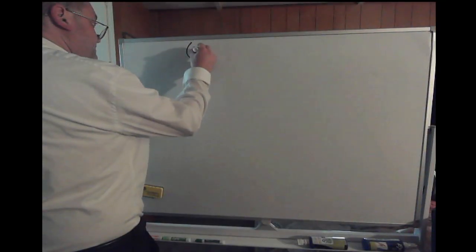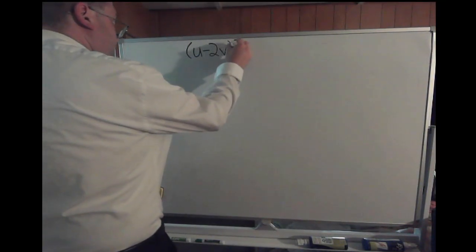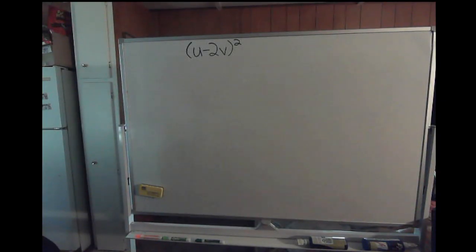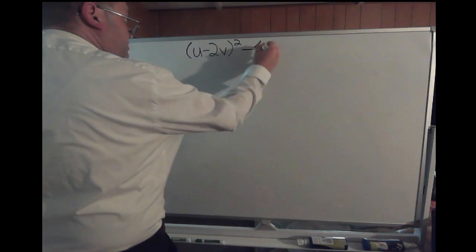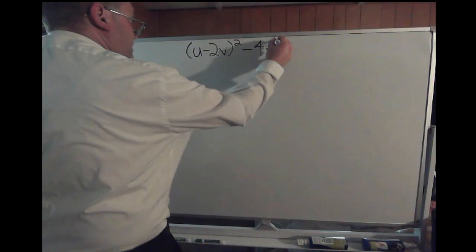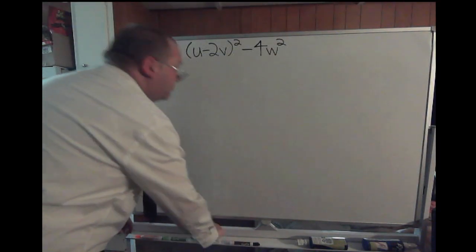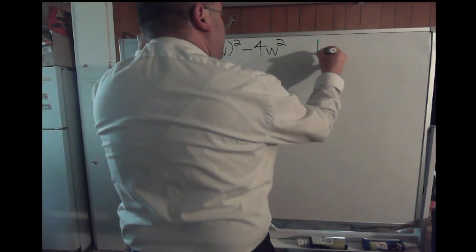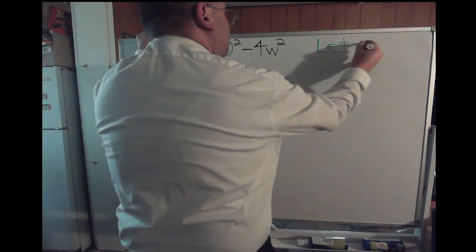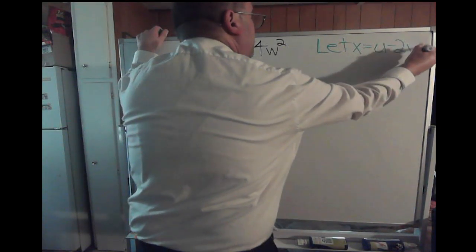Alright, let's see. We have u minus 2v, that quantity squared, minus 4w squared. Well, this one has the variable u, so I don't know. Let's perform an x substitution. We'll let x equal u minus 2v.